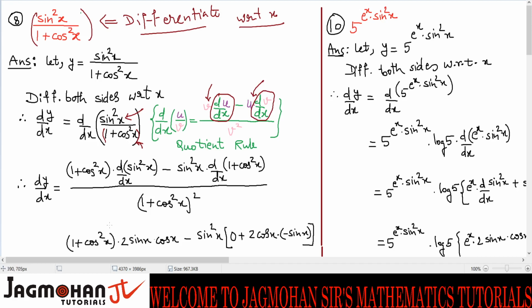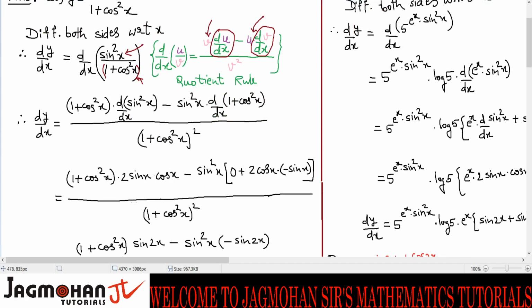So we have applied that, and the next step, you get there d by dx of u is sine square x. What is d by dx of sine square x? Sine square x, I have already told you, we will treat that as d by dx of sine x the whole square.